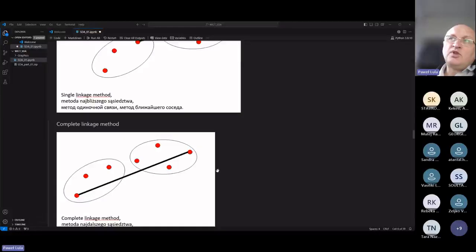When we have two clusters and when we want to calculate the similarity between them, we should find two objects for which the distance is the biggest. And this distance is used as a measure of similarity between clusters.